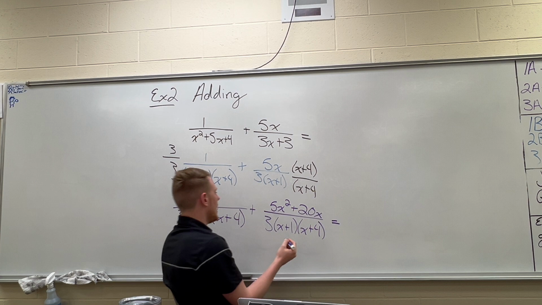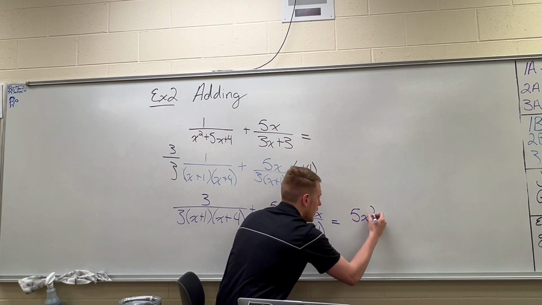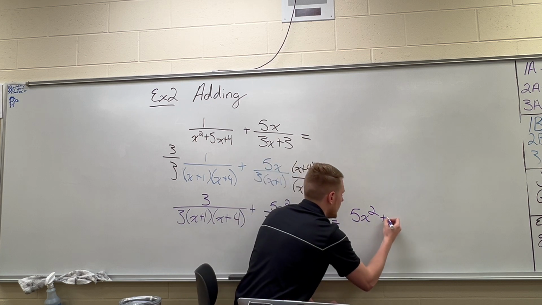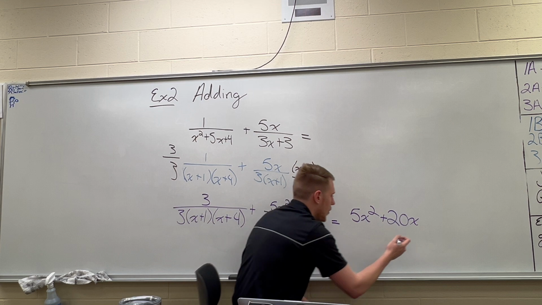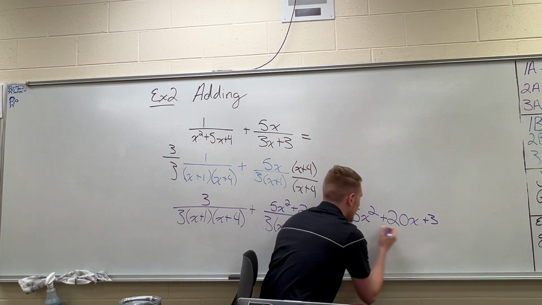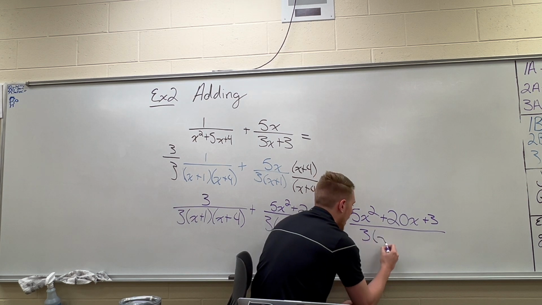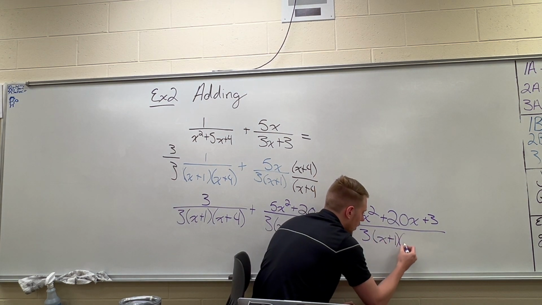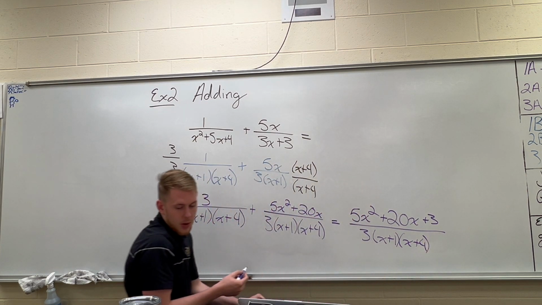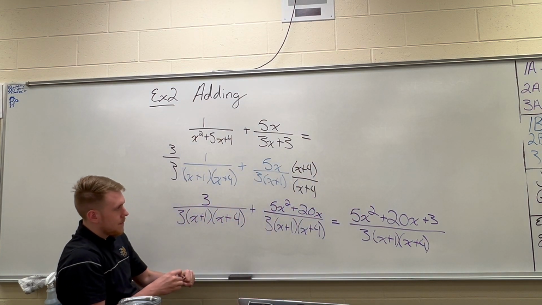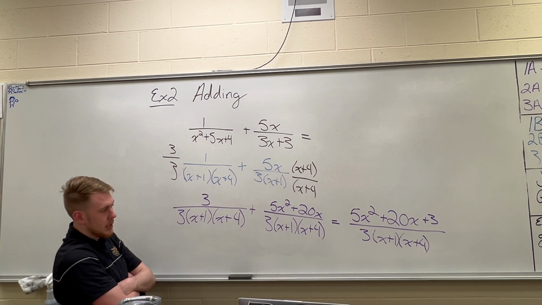So if I were to add these together, 5x squared plus 20x. Over here I have a 3, and remember you should write this in standard form, greatest exponent to least exponent, all over 3, x plus 1, x plus 4. That's your answer. 5x squared plus 20x plus 3 over 3, x plus 1, x plus 4.